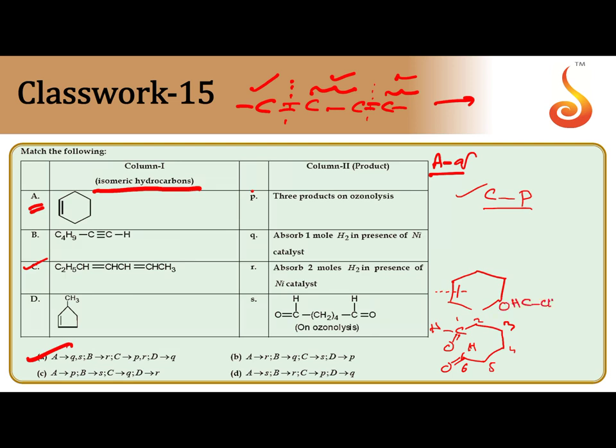Hexane-1,6-dial can be written as CHO, CH2 taken 4 times, again CHO. So for A in column 1, there are 2 correct options: one is Q, the other one is S. So for A, QS; for C, P, and R also possible. Because of 2 pi bonds in C, it absorbs 2 moles of hydrogen in the presence of nickel catalyst. So at least with these two you can find out the correct option.